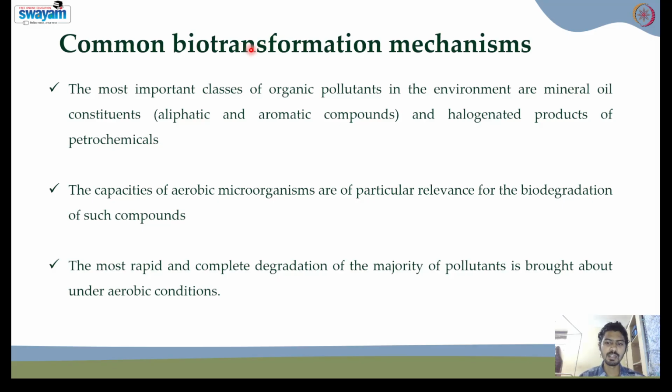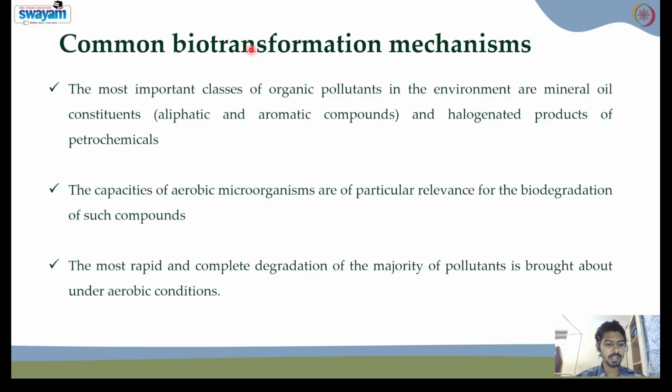In order to degrade these organic pollutants, mostly we prefer aerobic microorganisms. What do we mean by aerobic microorganisms? These are microorganisms which use oxygen as the final electron acceptor in order to degrade these classes of pollutants.